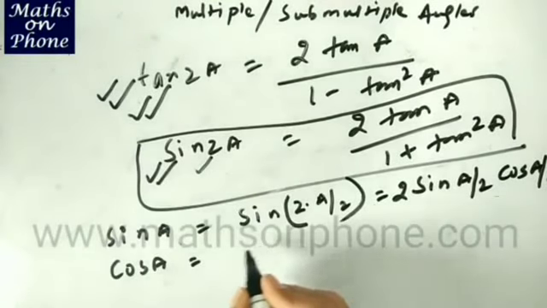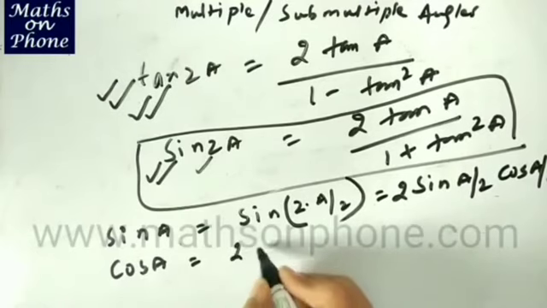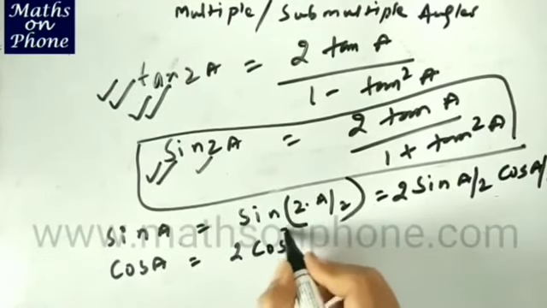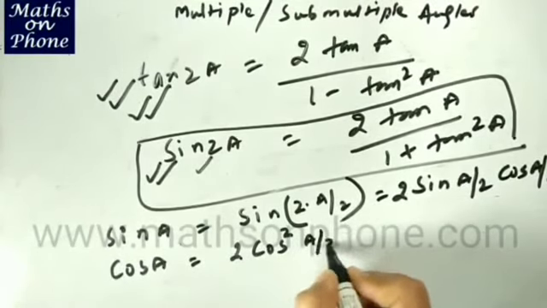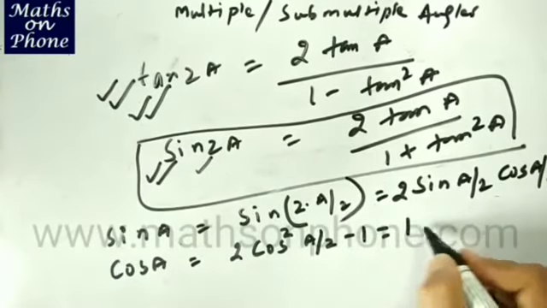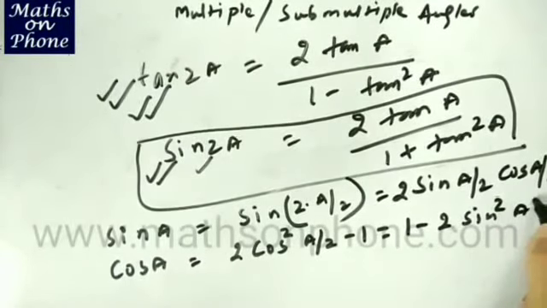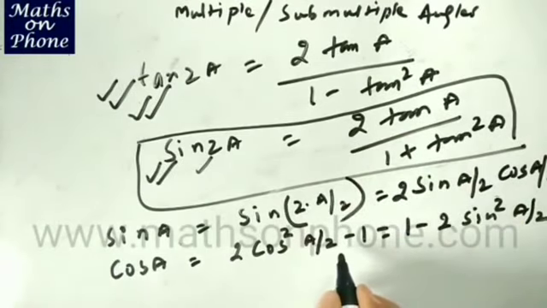Same way cos A can be written as cos 2 into A by 2, which can be written as 2 cos square A by 2 minus 1, or it can be written as 1 minus 2 sine square A by 2. Same way you can just write in the terms of tan as well. So very important formula I am getting from here.